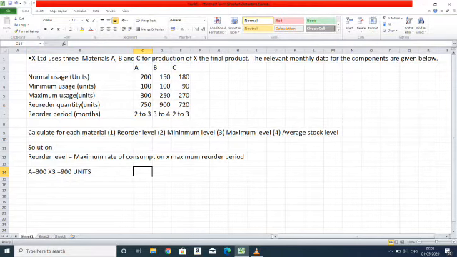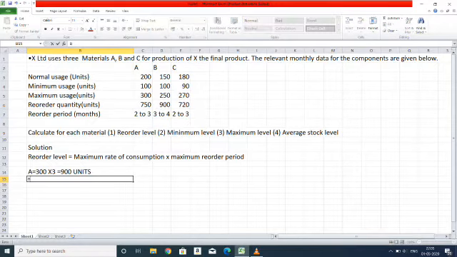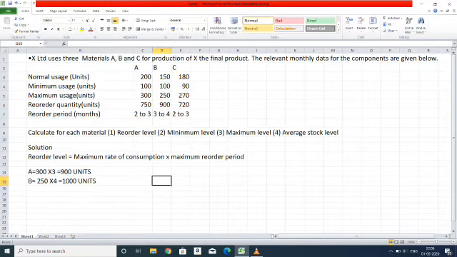Then in case of B, maximum 250 into maximum reorder period 4 months, that is equal to 1000 units.